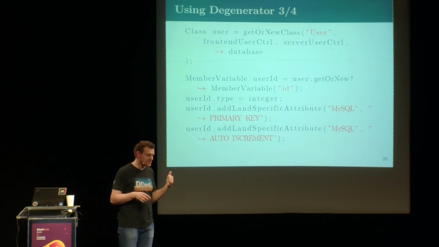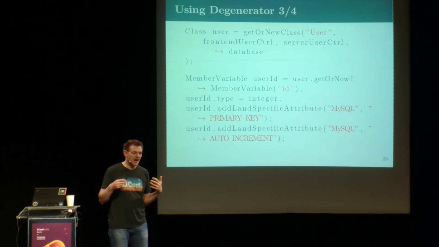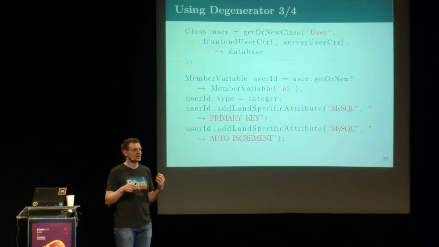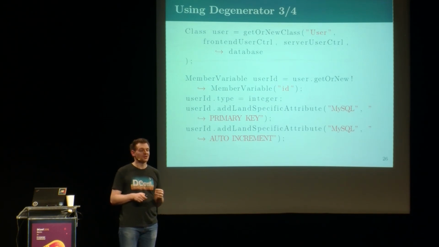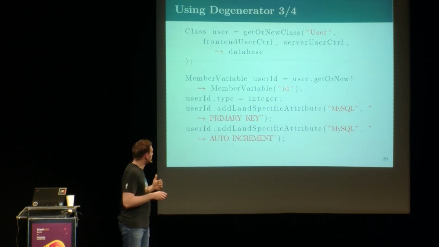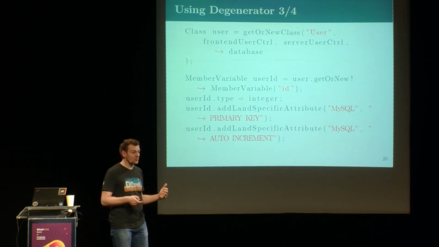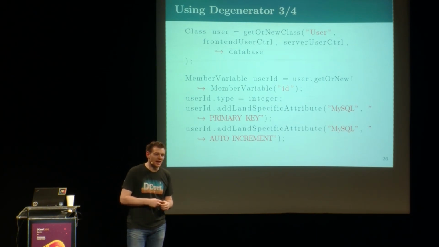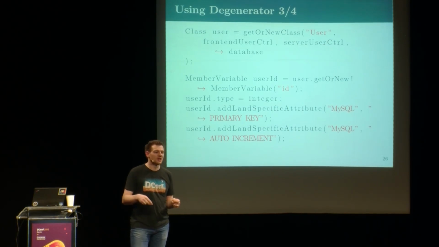So this is actually supposed to be the ID of the user table in the MySQL database. So what we have to do is basically add the annotation that this ID is the primary key and is supposed to be auto-incremented. But as the backend technology might change, I didn't really want to create all the enums and all the special cases for all the databases I wanted to work.